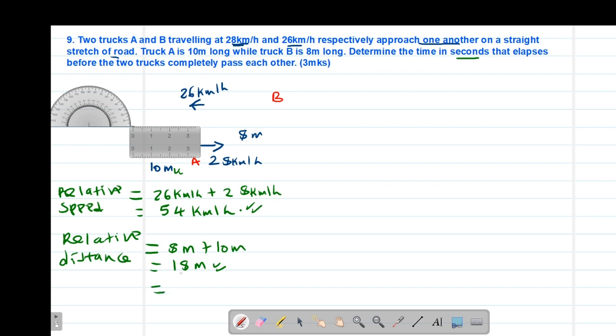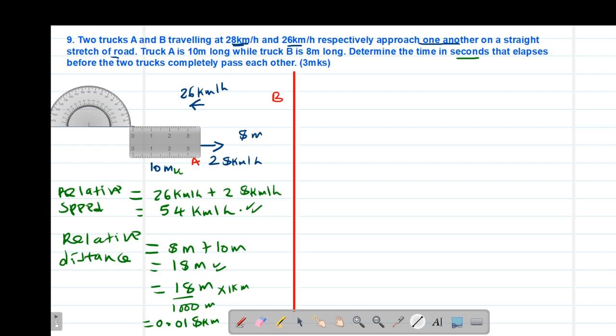So 18 meters over 1,000 meters, multiplied by 1 kilometer, gives us 18 divided by 1,000, which is a distance of 0.018 kilometers.